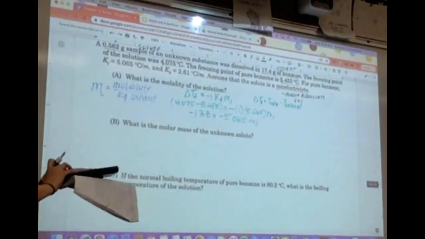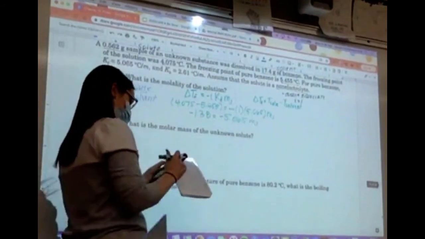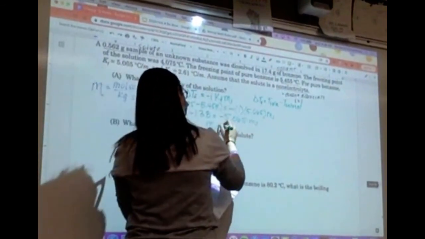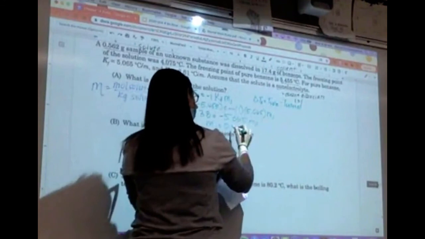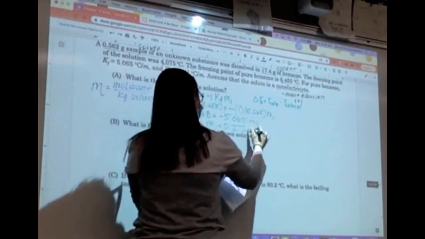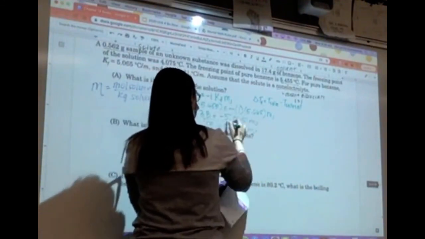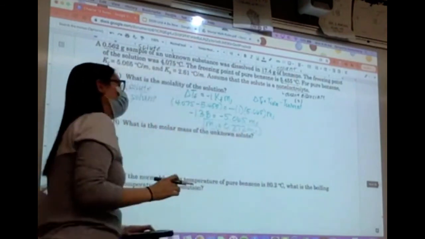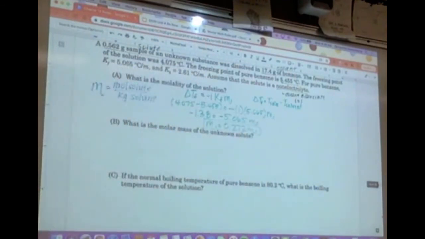I divide by negative 5.065. Molality is 0.272. And remember, for your units for molality, you can either do the small m for molal, or you could do moles per kilogram. Either one would work.